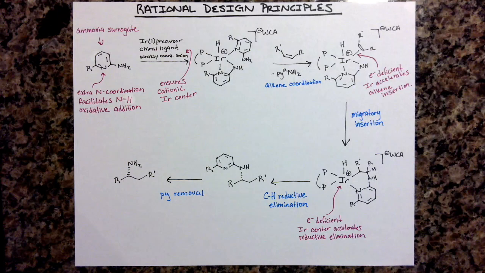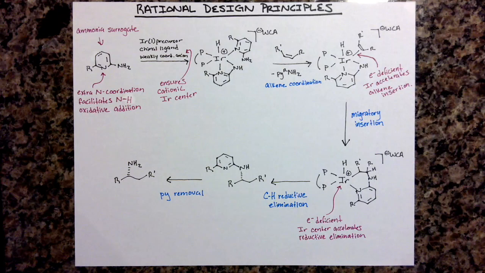And I want to point out that this 2-aminopyridine reagent was used as well by Shibata back in 2012 in an Org. Lett. paper. But in that paper, they were still only able to tolerate styrenes and do it in moderate ee's. And one of the really interesting parts that's unique to this paper in relation to the 2-aminopyridine surrogate is that they add another substituent on the pyridine ring.